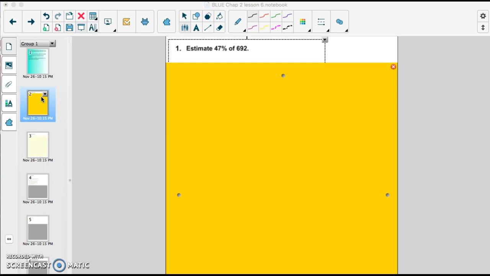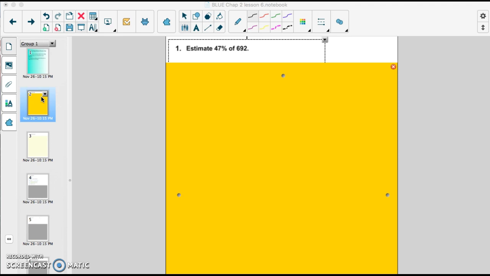So sometimes you'll want to round both the percent and the whole, which is 692. And then sometimes you'll just need to do some rounding for one versus the other. But in this case, I'd round both. So when I look at 47, that's a number that I would need to pick up my calculator and use. But if I were to think of 47%, I could round that to 50% pretty quickly. And 50%, most of us know that we would cut things in half.